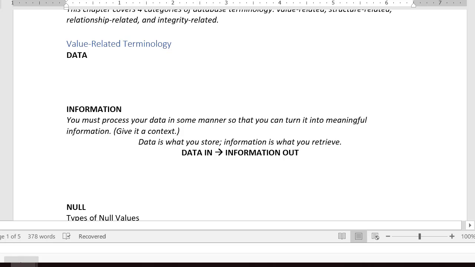So when you're designing a database, the meaningful information is what you're trying to provide at the end. That tells you what kind of data you need to collect so that when it's put into context and retrieved out of the database in some organized way, it becomes information.